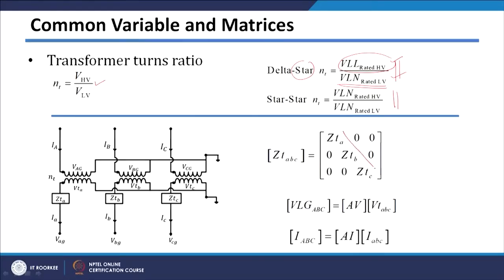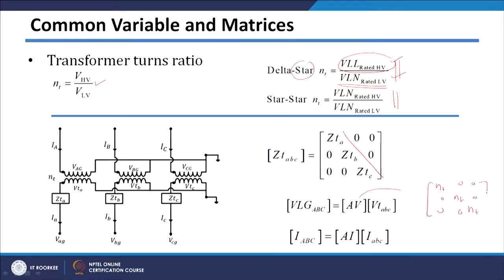Then ZTBC we have seen is a diagonal matrix of impedances of the 3 phases. There is a possibility that many times these impedances will be the same. Then we have seen this AV transformation matrix, which is basically your turns ratio in all the 3 phases.